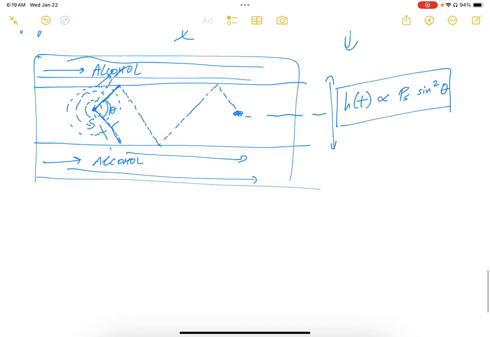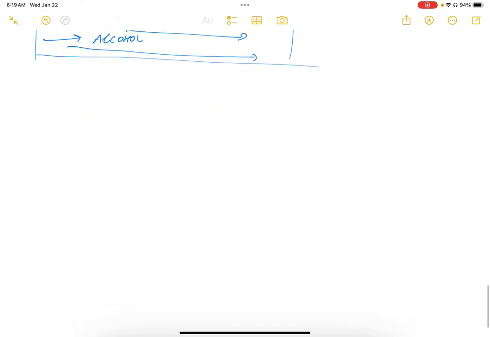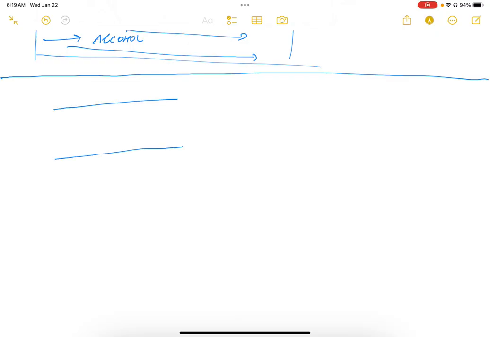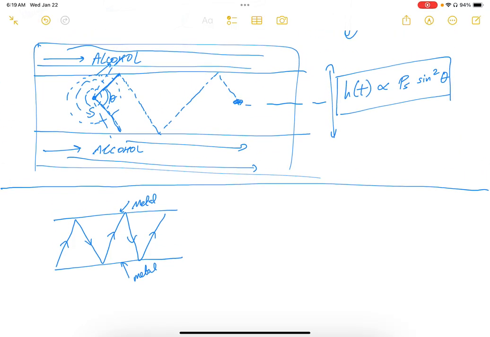So if you look at the analogous situation in the electromagnetic field, the first case with the wall is analogous to having an electric field confined within two metal plates. So there'll be two metal plates, and the electromagnetic field is basically bouncing between them and is confined to them. So this is analogous to the case of the wall. And the second case with the alcohol is where you had two materials of different viscosity.